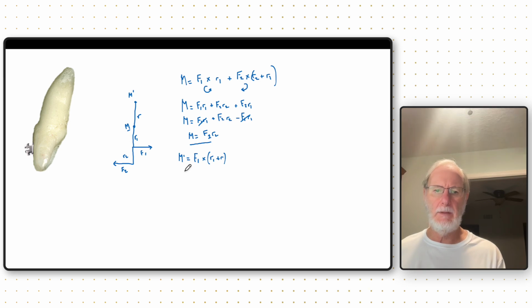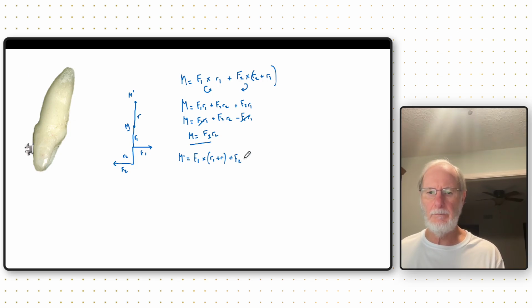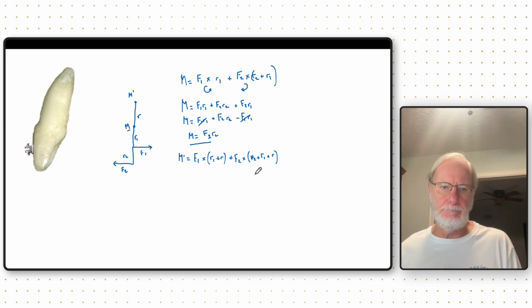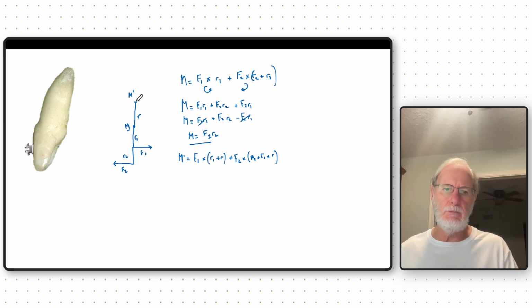You agree? And we need to add the second moment created by F2 times, but this time we need to add R2, R1, and R for the distance, so that's R2 plus R1 plus R. So those two moments are applied to the point M prime.